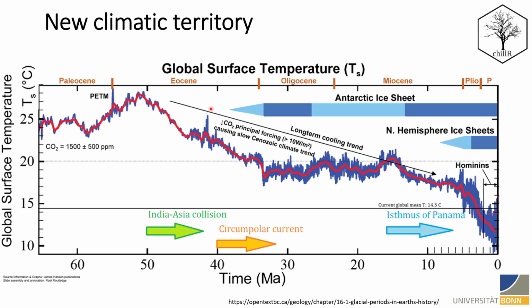But overall, there's been this long-term cooling trend of the climate, basically starting about 50 million years ago and continuing until today, really. And then in recent years, we've had ice sheets forming in the northern hemisphere. That is still a relatively recent development.